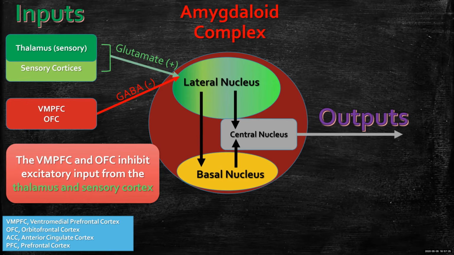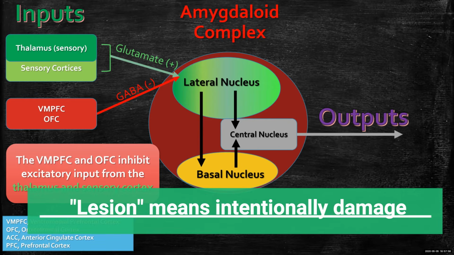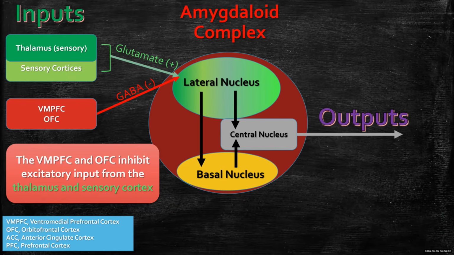It's this fine balance that's very important. And in order to diminish or reduce the fight or flight response, you really need a functioning ventromedial prefrontal cortex and orbitofrontal cortex. They've done studies in animals where, when a lesion is made in the ventromedial prefrontal cortex and orbitofrontal cortex, it becomes very hard to diminish or reduce the fight or flight response.